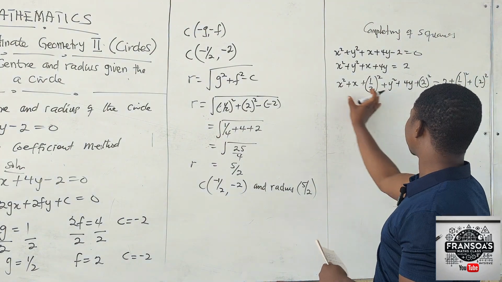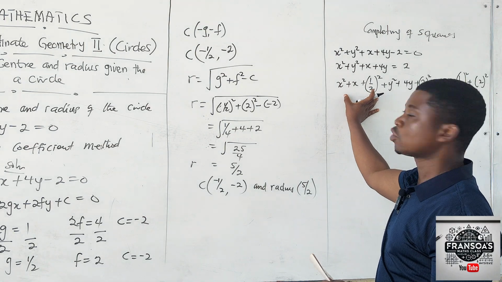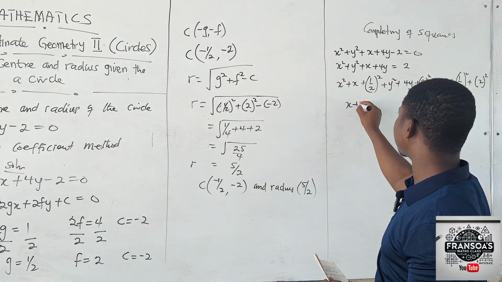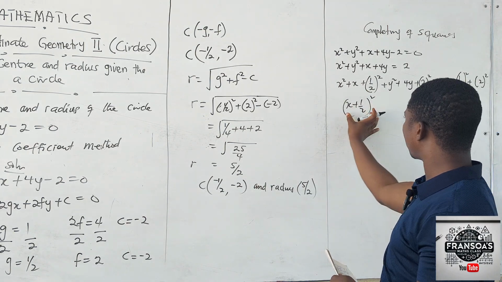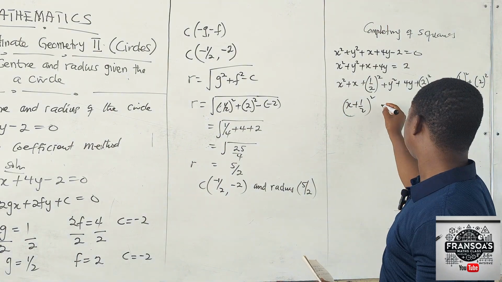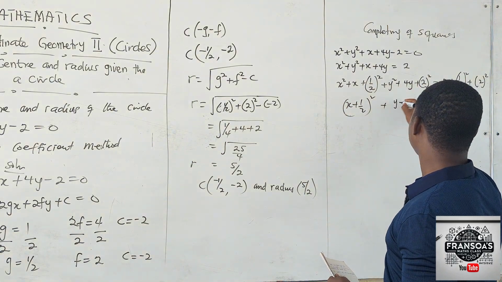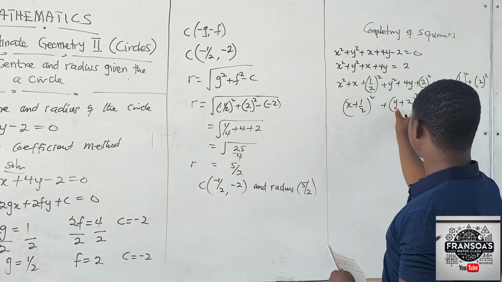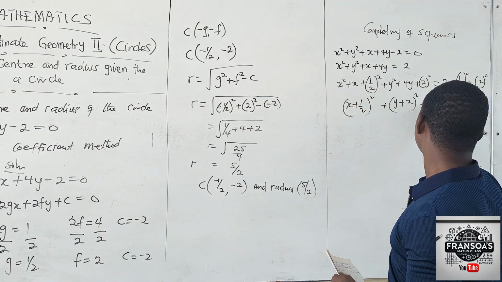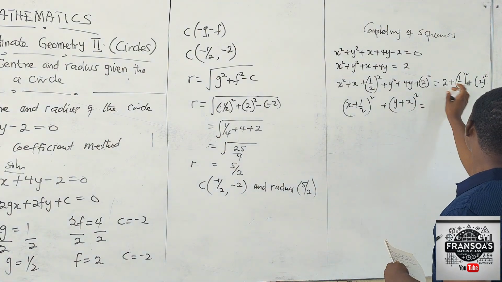Now we simplify. This gives us x plus half all squared, because when you open this, this is what you get. Plus y plus 2 all squared. It's equal to 6 plus 1 over 4.